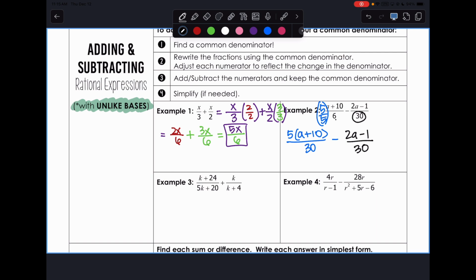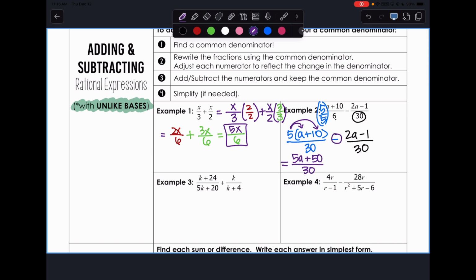Now do we have a common denominator? Okay, so before I combine the two, I need to do what with each of the numerators? Simplify or distribute would be best. So let's go ahead and get that worked out. So 5 times a and 5 times 10 is 5a plus 50 over 30.